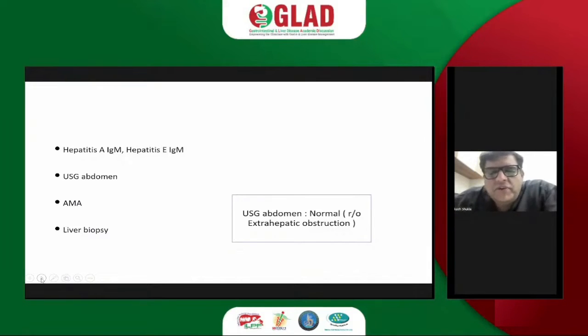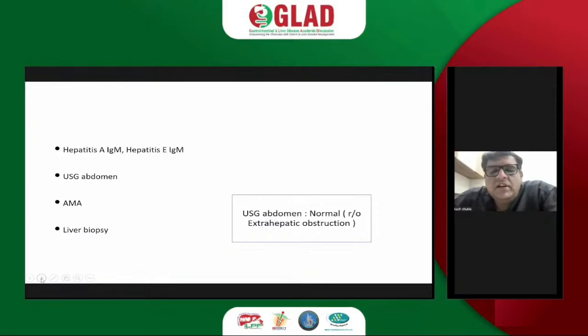That is, the cause of jaundice is within the liver or it is in the bile ducts. With this one simple test, you are right more than 98% of the times. So ultrasound is the first and very reliable test to differentiate between extrahepatic and intrahepatic causes of jaundice. And here in this patient, an ultrasound is done, which is not showing any extrahepatic obstruction.